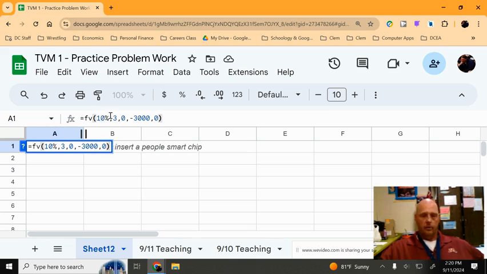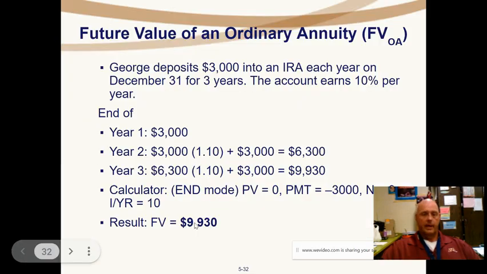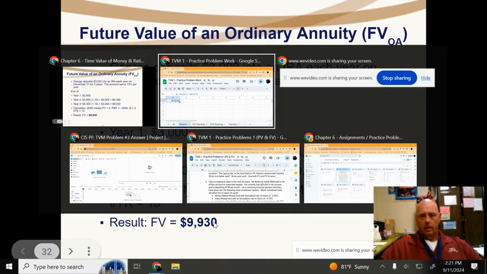We're not adjusting it, not dividing it by 2 or 4 or 12. It has to do this for 3 years. We have a payment of 3,000, and present value is nothing. We don't have any money when we do this. We'll put in 3,000 at the end of year 1, another 3,000, and another $3,000. We get 9,930 when we do our math, the same as the old-school, long way of looking at it.